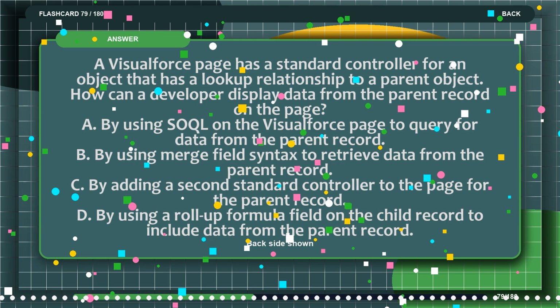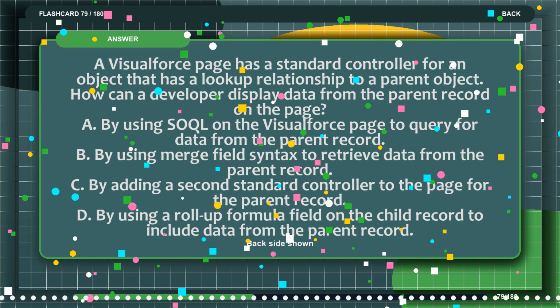A Visualforce page has a standard controller for an object that has a lookup relationship to a parent object. How can a developer display data from the parent record on a page? A. By using SOQL on the Visualforce page to query for data from the parent record.